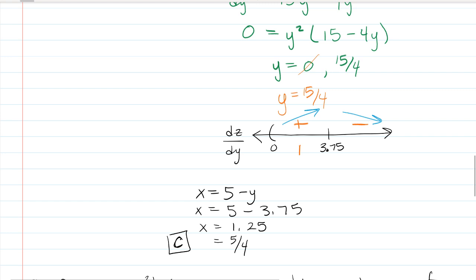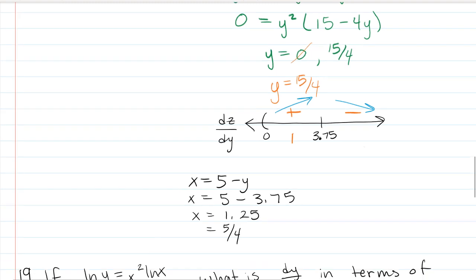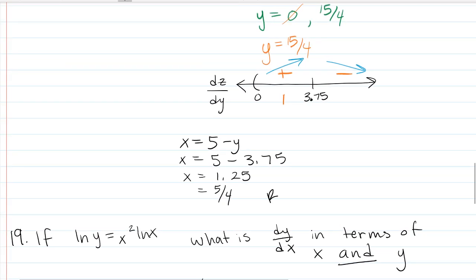So instead of this being C, it is B, because 15 over 4 is greater than 5 over 4.